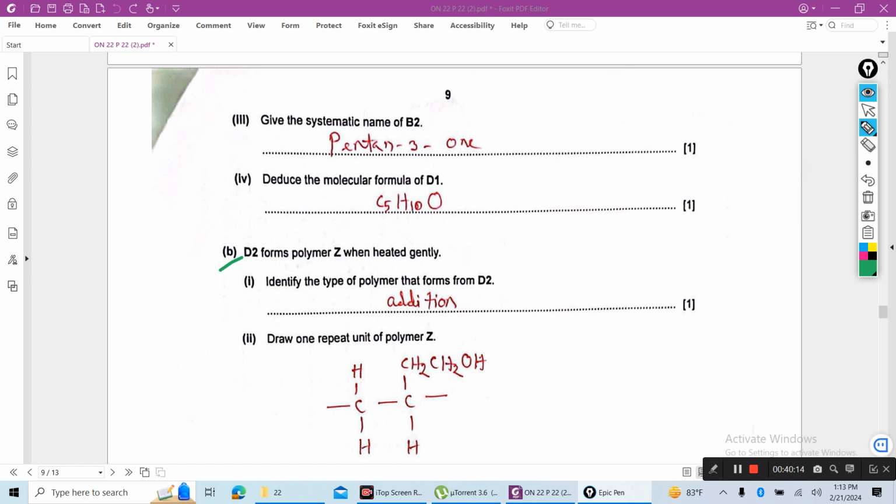Now D2 forms polymer Z when heated gently. Identify the type of polymer that forms from D2. This polymerization type will be addition polymerization. Why? D2 is an alkene.